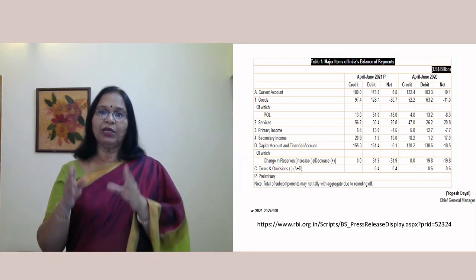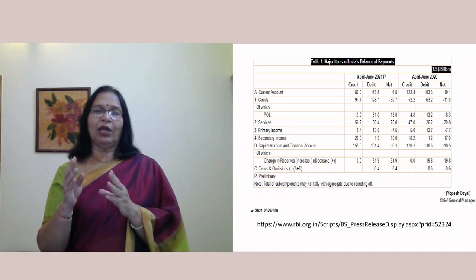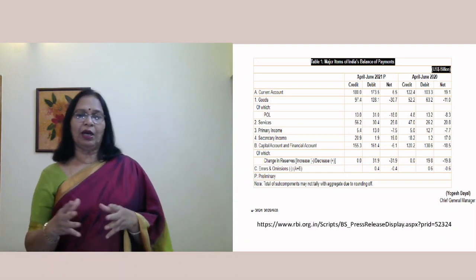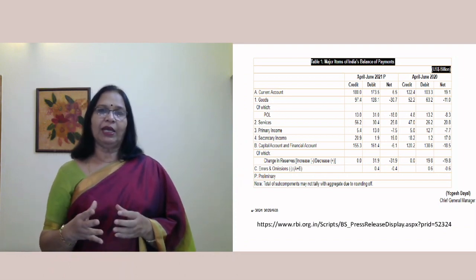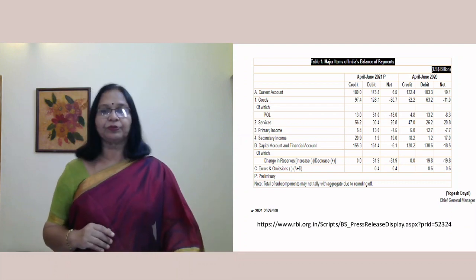So for each period, they have shown what the current account and the capital account are, what it was in 20 and what it was in 21. This is taken from the RBI website and it is released for these two periods.